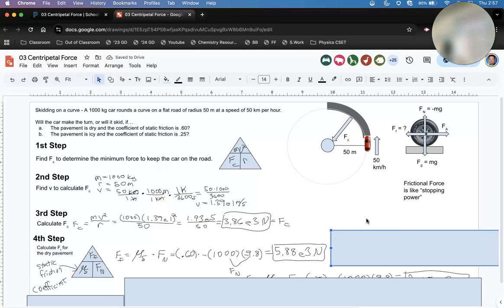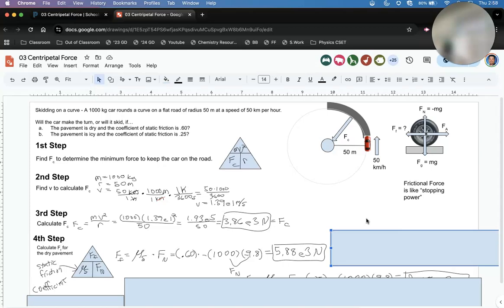So now we have the force the tires are giving off and how much force we need to stay on the road. Michael, if you compare these two numbers, which one's bigger? 5.88.